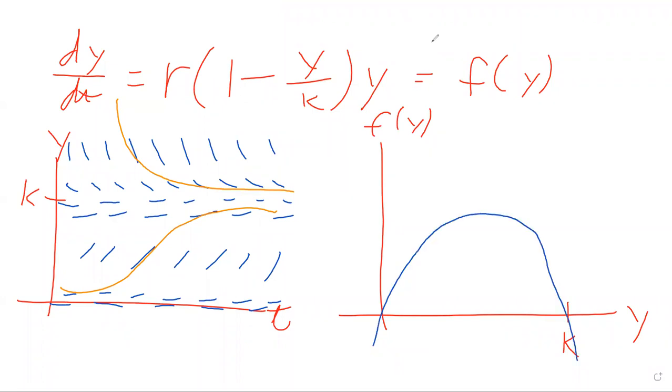And so we can get our graph drawn. And then based on what we know about our graph on the left, we can then draw our phase line from there. And then we find our asymptotically stable solutions, our unstable equilibrium solutions, and go from there.